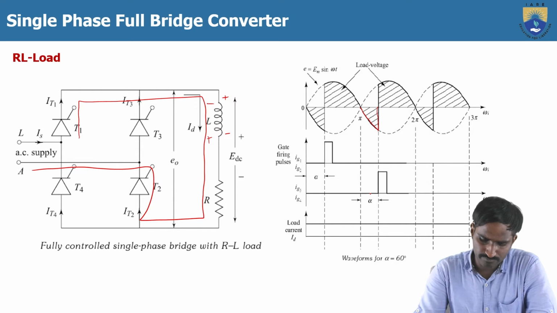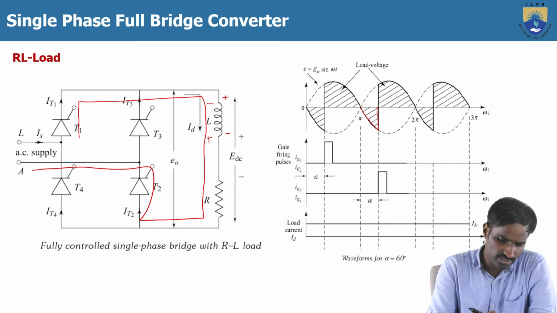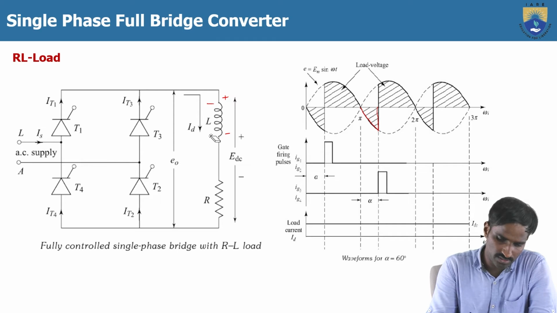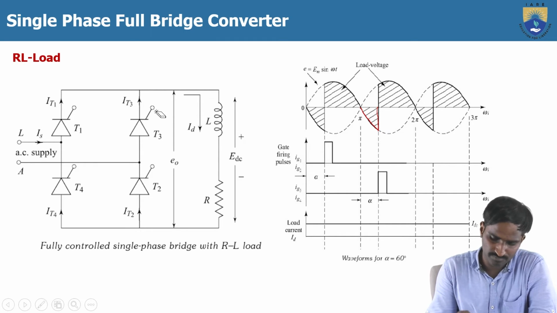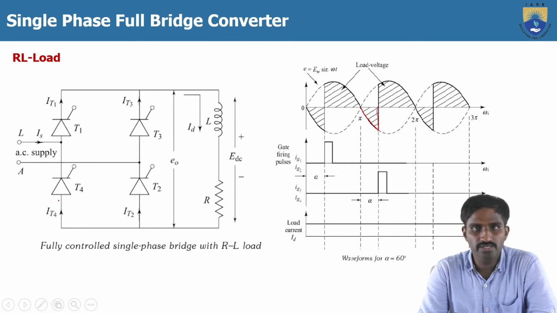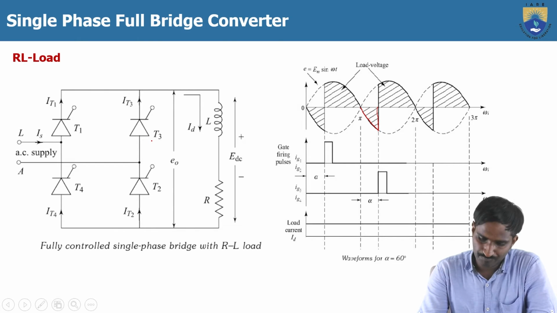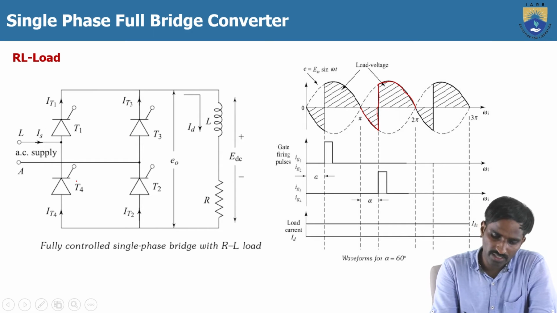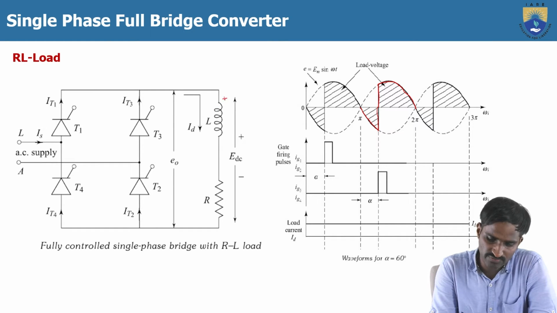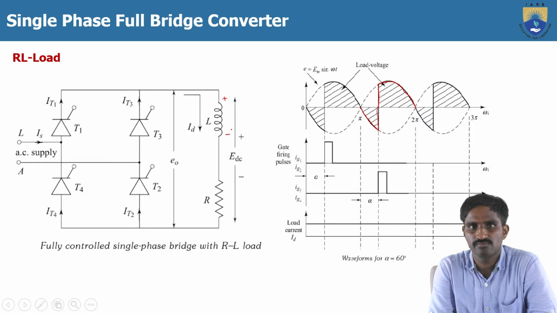Similarly, during the negative half cycle, the thyristors T3 and T4 will turn on, and at the same time T1 and T2 will get turned off. Then the load voltage will look like this, again giving the positive load voltage. During T3 and T4 conduction, the inductor gets charged with polarities plus and minus.